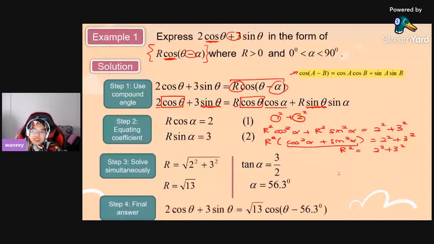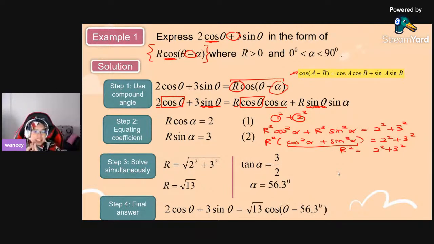And then don't forget you have to write down your final answer. So 2 cos theta plus 3 sin theta is equal to the square root of 13 cos theta minus 56.3. Therefore, you have 4 steps. Firstly, you need to use the compound angle. Second, make sure you equate the coefficients and then solve them simultaneously.